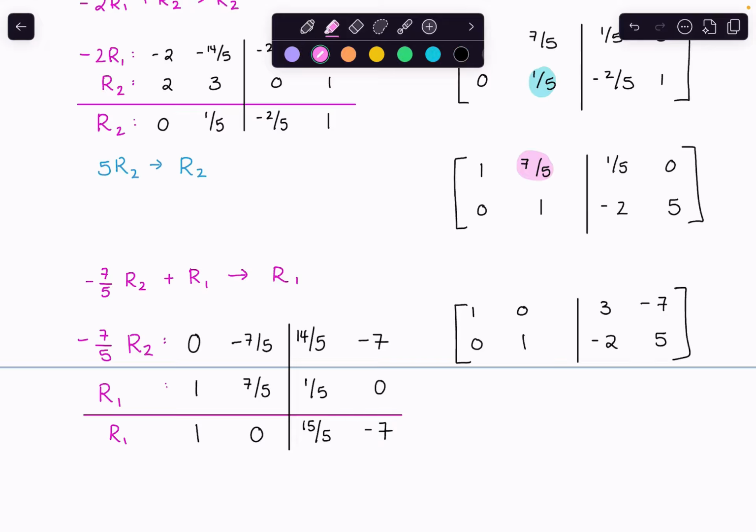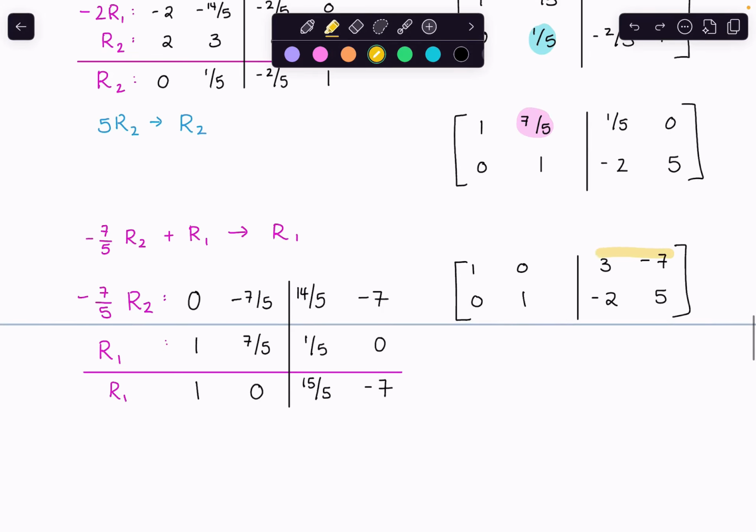Okay. So this is what I want. I now have the identity matrix on the left-hand side. That tells me what I see on the right is my inverse. So ultimately, A inverse contains the elements 3, -7, -2, and 5.